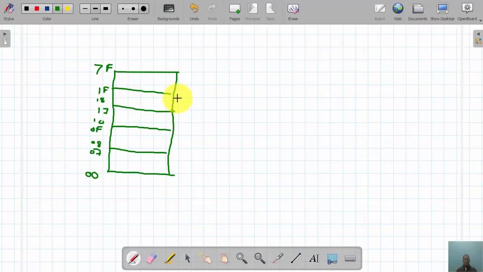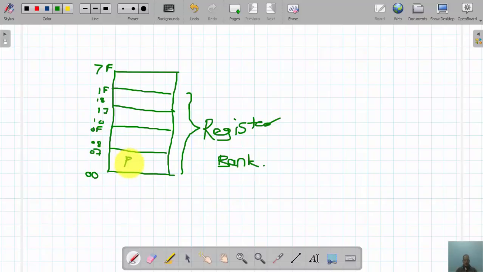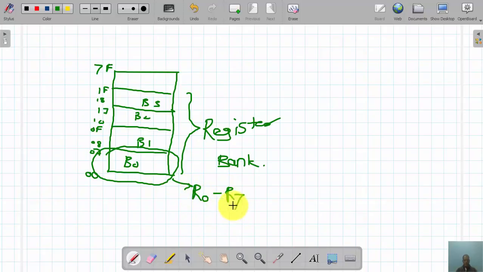In this way, these 32 bytes are kept aside as register banks. So we have register bank 0, as we had already discussed, bank 1, bank 2 and bank 3, and in each of these banks we have different registers termed R0 to R7.